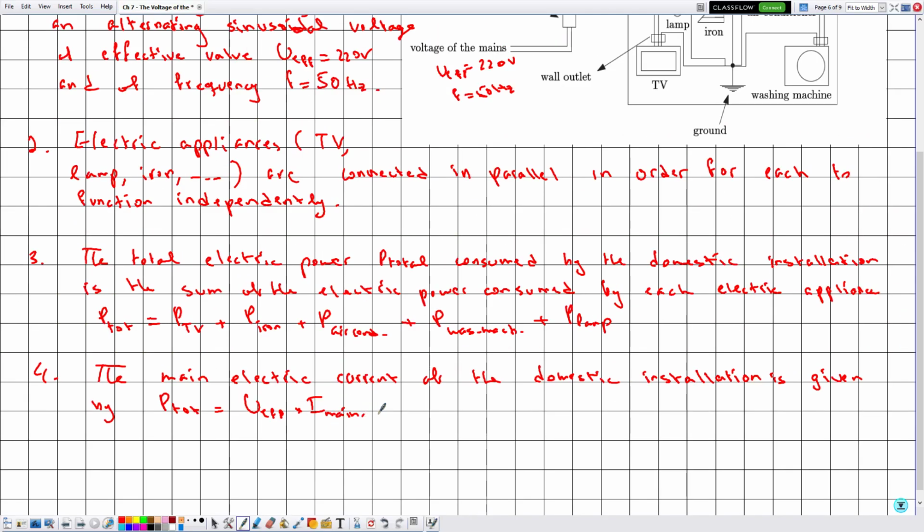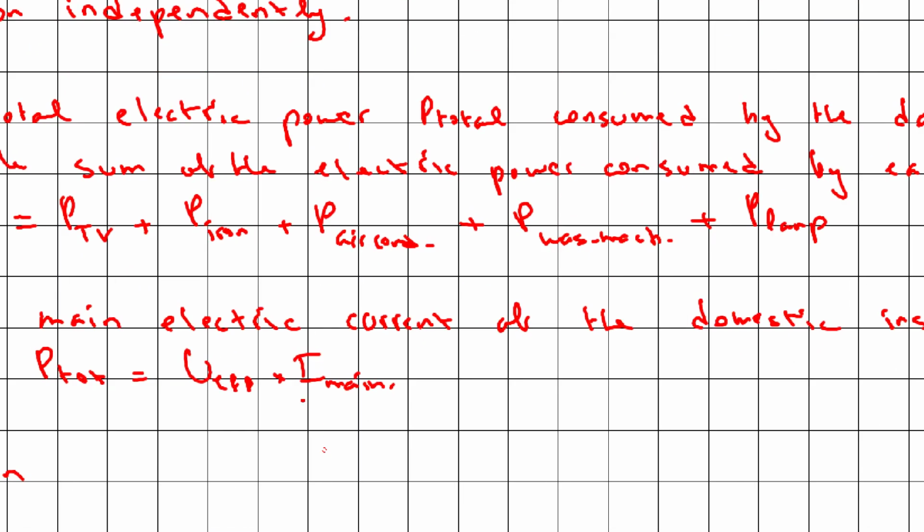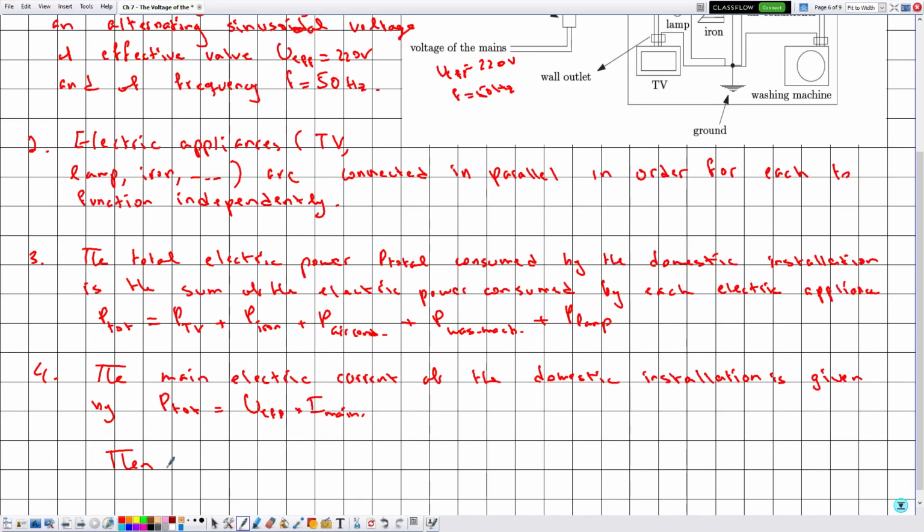In this case, if we construct the triangle of this formula, P will be at the top, U and I at the bottom. We are interested in determining the value of I. So I main will be given by P total divided by U effective.